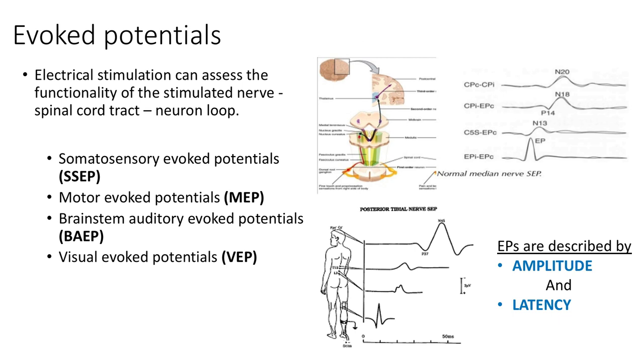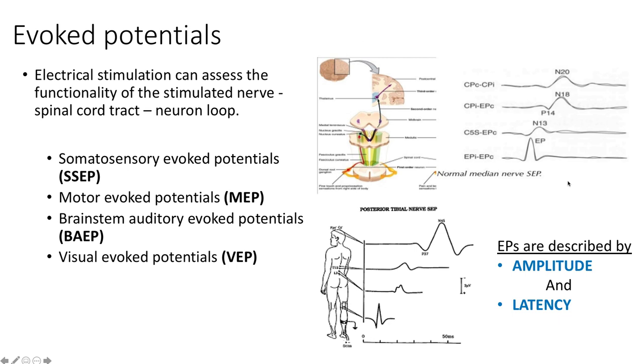And as you're looking at the functionality of this nerve, spinal cord, neuron loop, you can follow this evoked potential throughout the chain, looking at amplitude and latency. Here, this is like local when you stimulate. That's when you enter the spinal cord, up the spinal cord, and up here to the cortex.